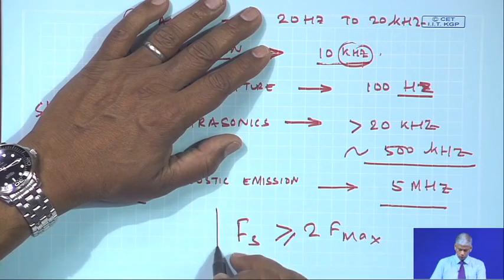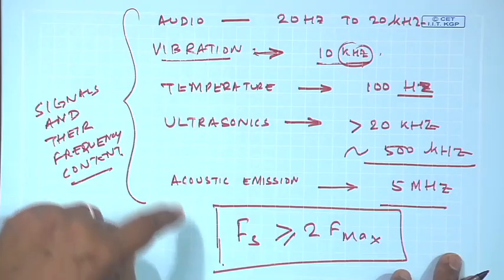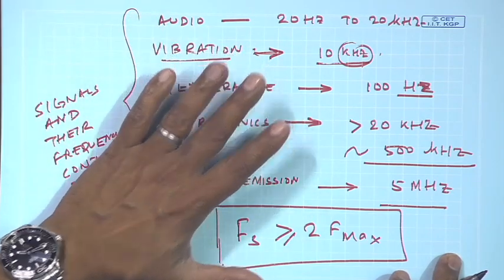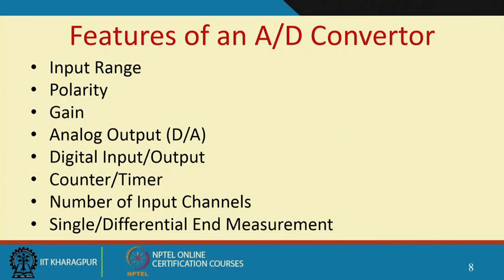So, this has to be kept in mind. If you go to the market to buy data acquisition systems, you will see systems with different sampling frequencies because of these obvious reasons. One is to prevent signal aliasing, and the other is to have a higher bit size, so that the amplitude resolution is fine enough. But then there are a few other features of an A to D converter.